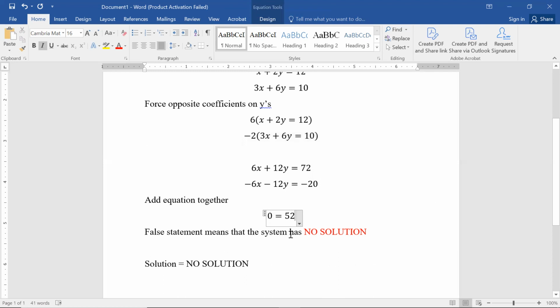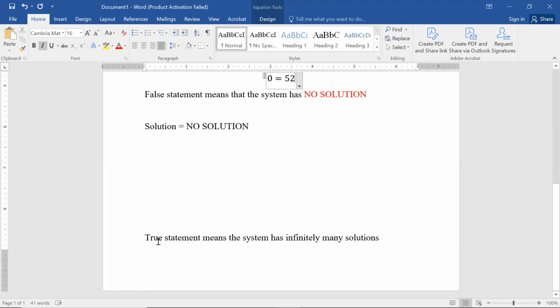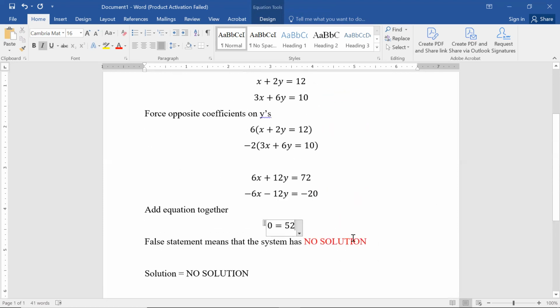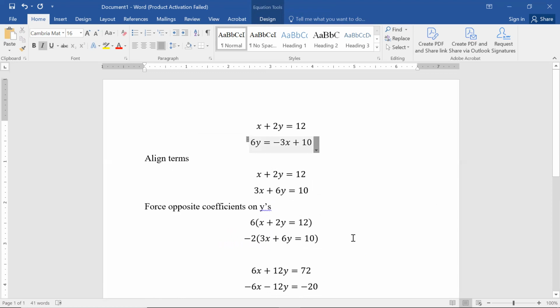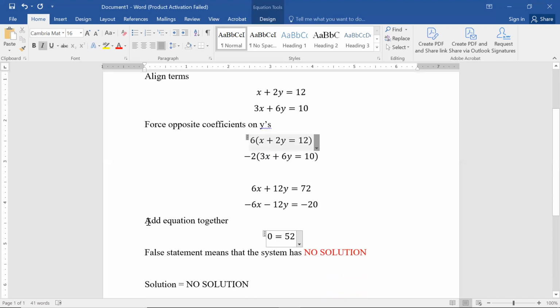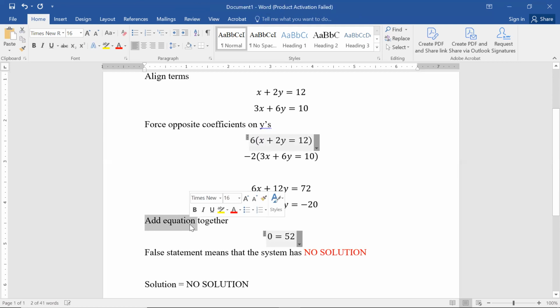But false statement means no solution. A statement that's always true means infinitely many solutions. So that can happen when we start getting opposite coefficients and both terms drop out in our adding stage.